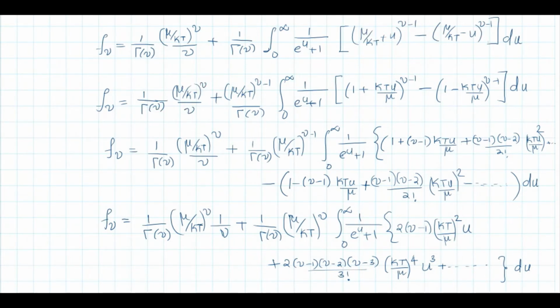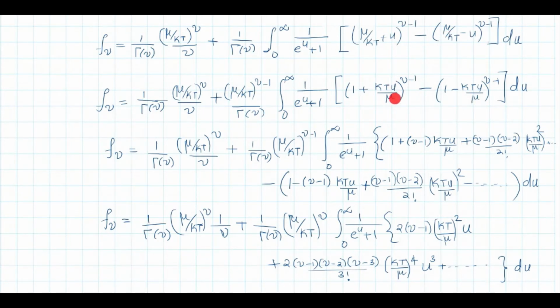Now take a mu by kt outside. Then it becomes mu by kt raised to nu minus 1. From this term and this term, you can take a mu by kt outside. Then that becomes mu by kt raised to nu minus 1 divided by gamma of nu integral 0 to infinity 1 by e raised to u plus 1. If you take a mu by kt outside, this becomes 1 and this becomes ktu by mu. Here also this becomes 1 and this becomes ktu by mu.